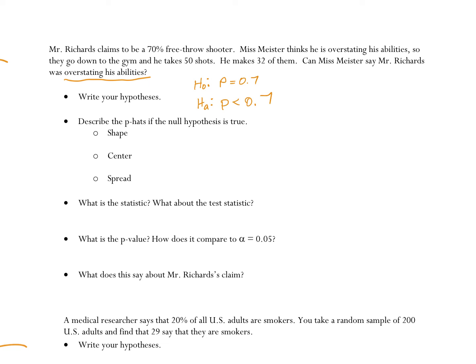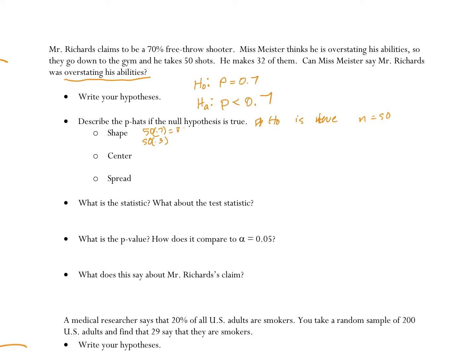All right. Let's describe the p hats. We're going to assume H0 is true. The null is true. So, my shape is going to be, and we have a sample size of 50, 50 times 0.7 and 50 times 0.3.